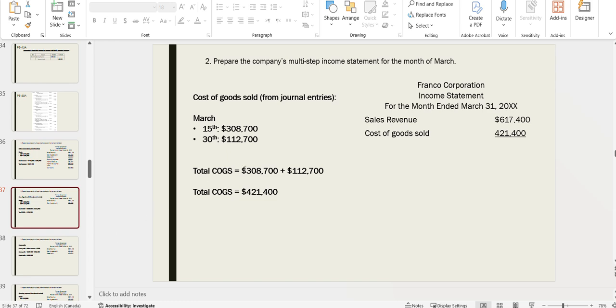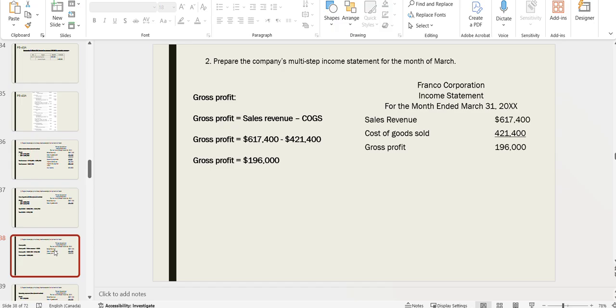In detail, you can compare the cost of goods sold written here to what you calculated in your sales on March 15th and 13th. And then you go down step by step.